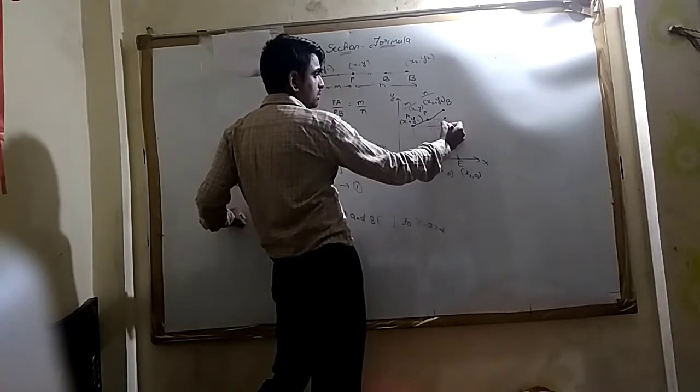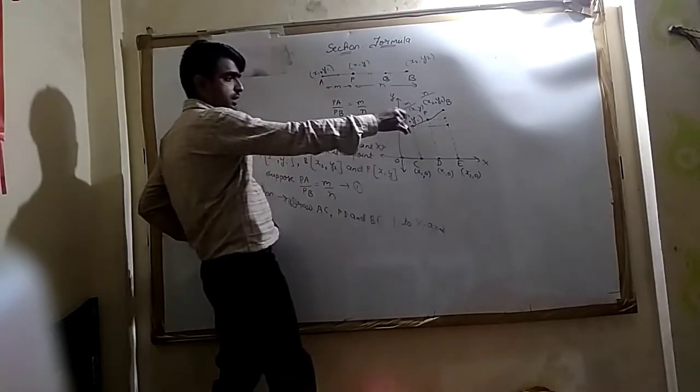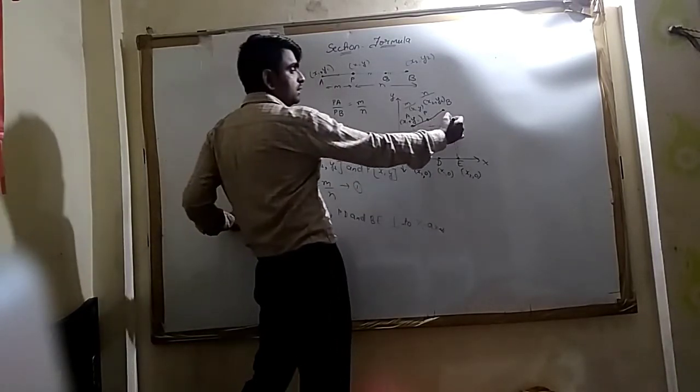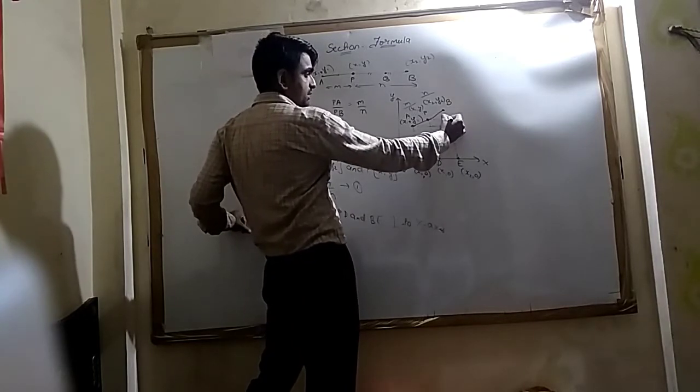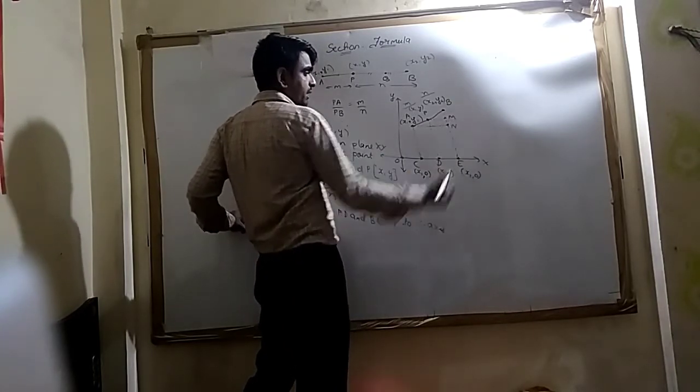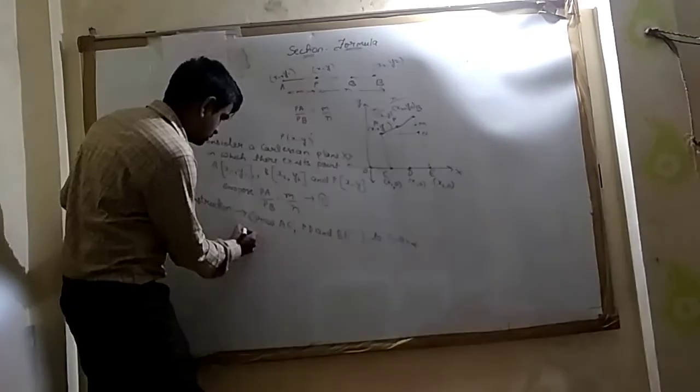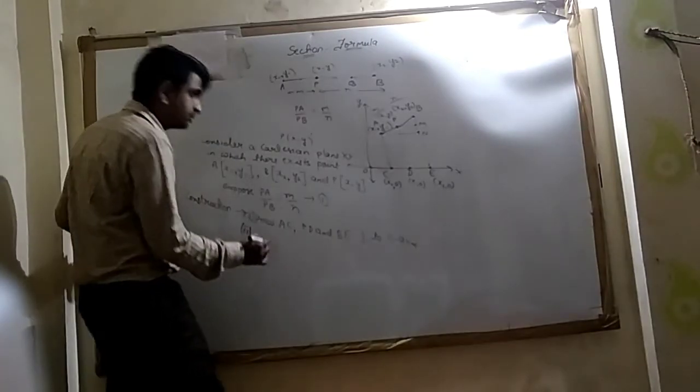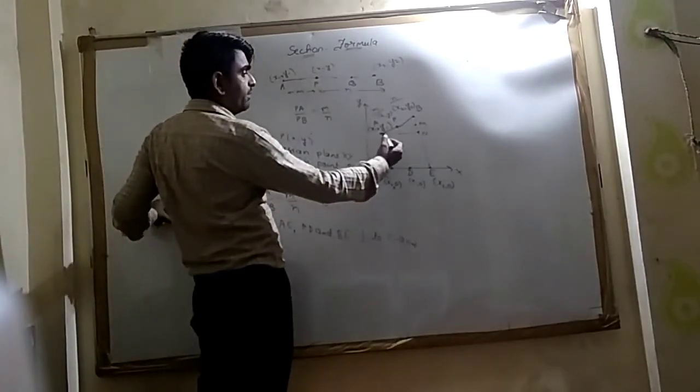So I will write the names. Suppose this is M and this is N. Okay. Now second construction, see what I have done.